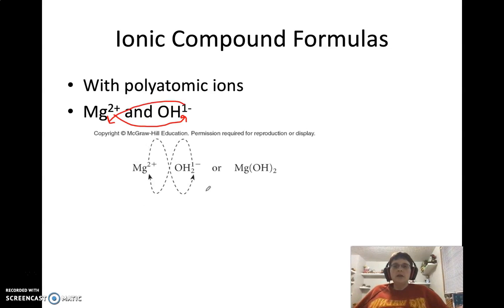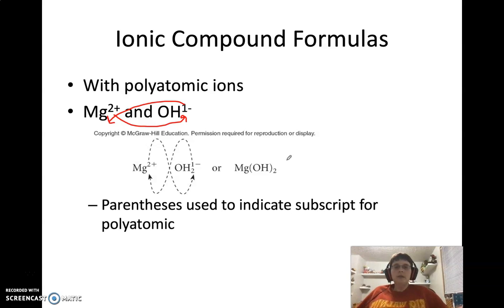You can see there's that picture from your book, and this is what you get. Now, for this formula, since it's a polyatomic ion, if the number after the polyatomic ion is not a 1, if it's a 2, 3, and so on, you have to put parentheses around that ion because that indicates that this is actually acting as an ion. You'll see that in polyatomic ion compounds. Those parentheses indicate the subscript is for the polyatomic ion.